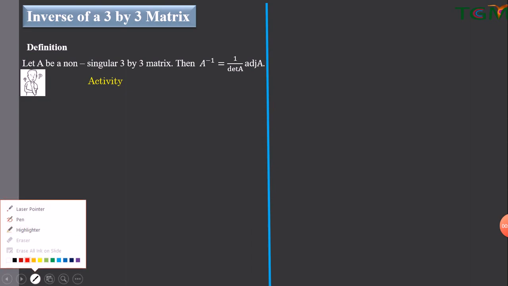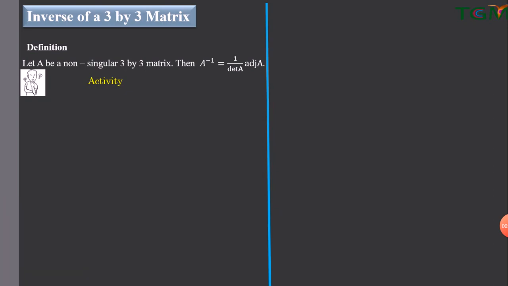So here, we have two things involved in finding the inverse of the matrix: the determinant and the adjoint of A. To find the inverse, you need to find the determinant of the given matrix and also the adjoint of the given matrix.